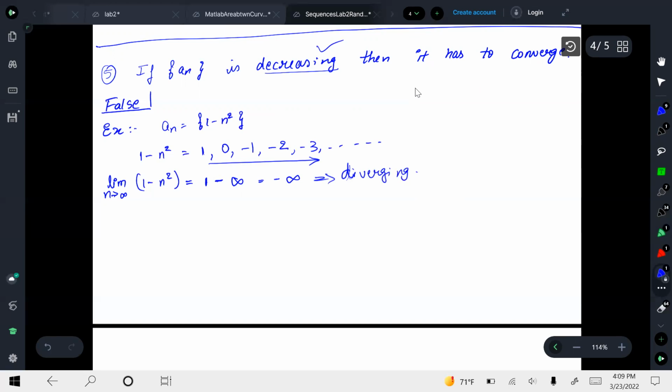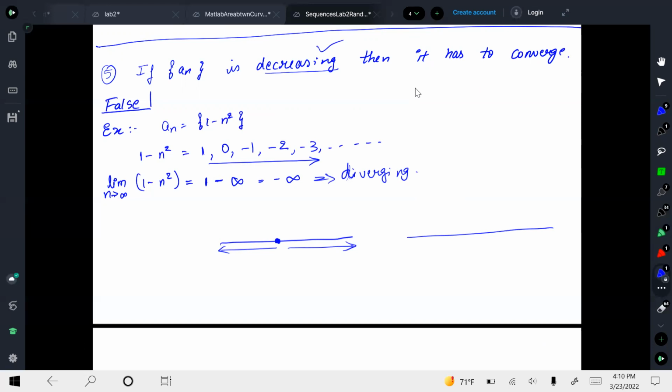If this helps, you can think of the converging and diverging concept in this way. Now, if it is reaching negative infinity, it is going this way, or if it is reaching positive infinity, it is going the other way. Now, if a sequence is reaching a specific real number, say 0, whether you come from this end or from this end, you have to reach 0.